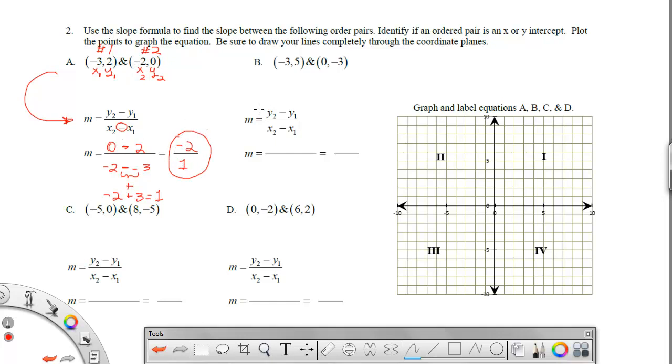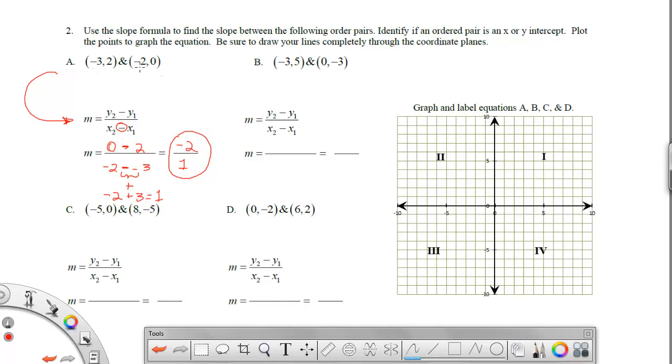Now the next thing that we're supposed to do after we find our slope is to identify which one of these ordered pairs is an intercept, and then decide if it's the x-intercept or the y-intercept. So let me go ahead and erase this real quick. From what we did on the front page, we know that if I want to find the y-intercept, I let x be 0.